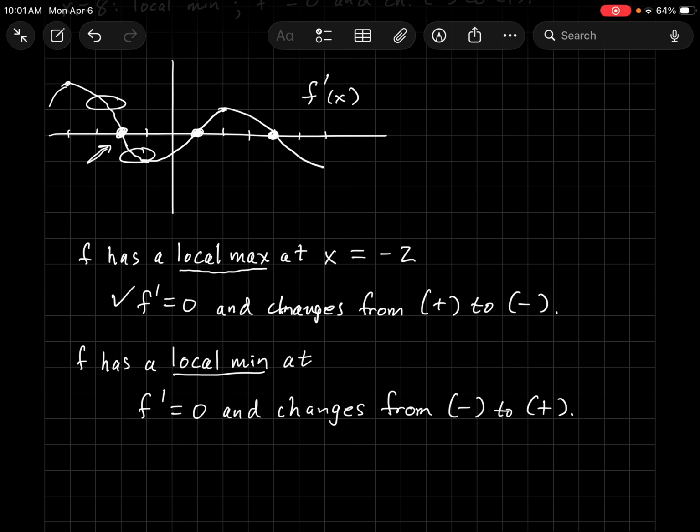At my next critical point at x equals 1, notice that f prime, I have the graph, is below the axis, it's negative, and then f prime is positive, so there's a local min at x equals 1. And looking at my final critical point, where I see that f prime changes from positive to negative, that means there is a local max there at x equals 4.